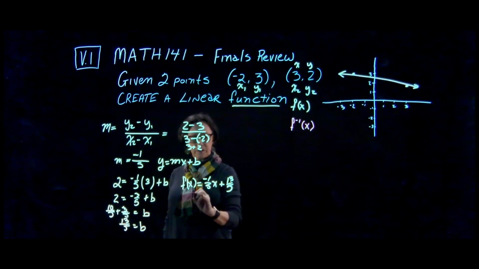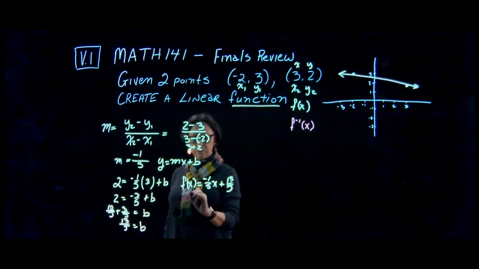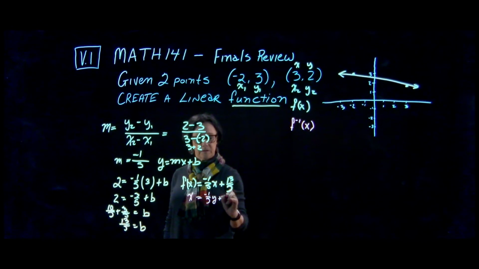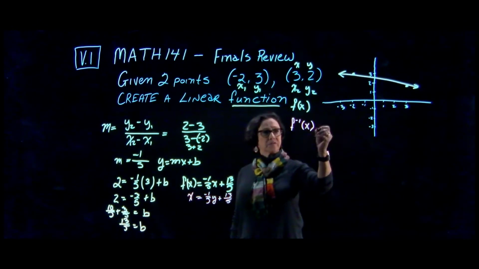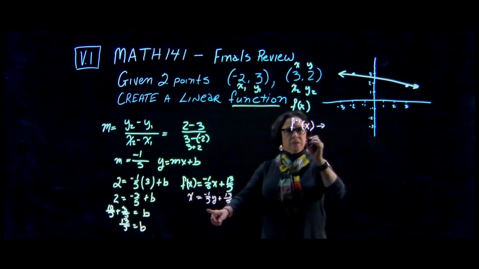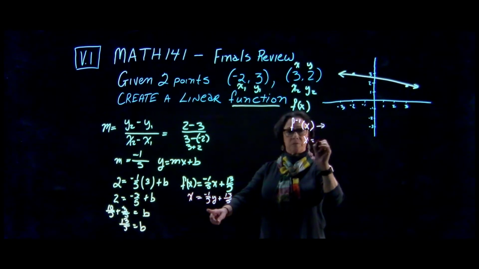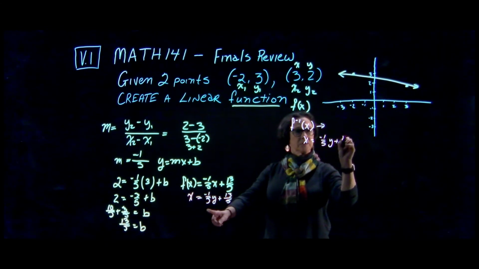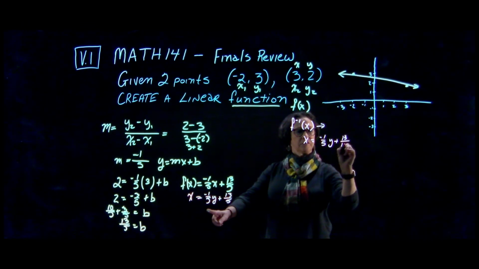And if we want to find the inverse, we would make our y value x, and our x value would be y. So this function would end up being x equals negative 1/5 y plus 13 over 15.